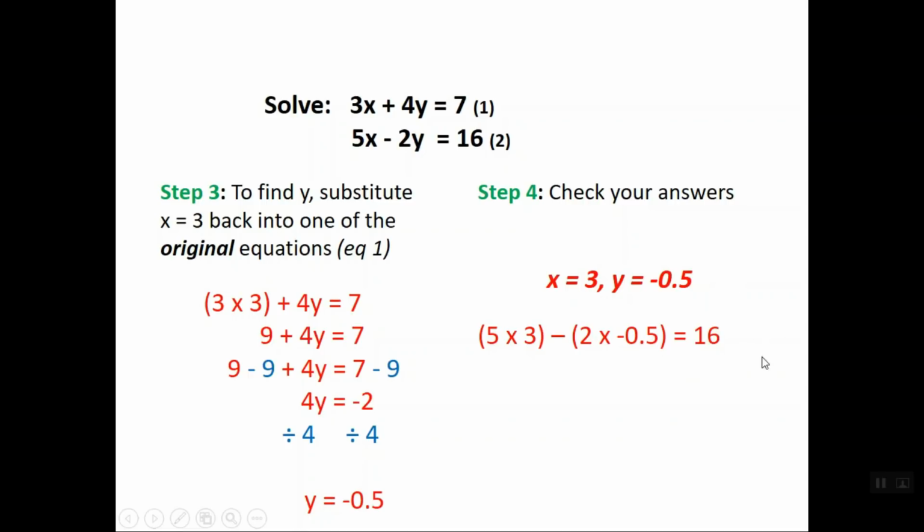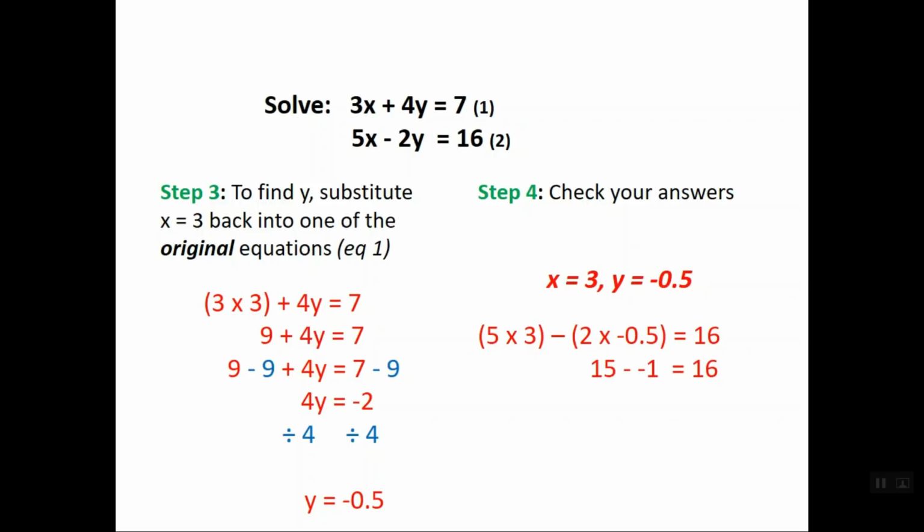Again, remember, we're not worried about our right hand side, guys. All we need to do now is simplify our left hand side to see if we get the same answer that's on our right. So 5 times 3, guys, that gives me 15. Take away 2 times negative 0.5, that would have given me a negative 1. And I write back my equal 16.